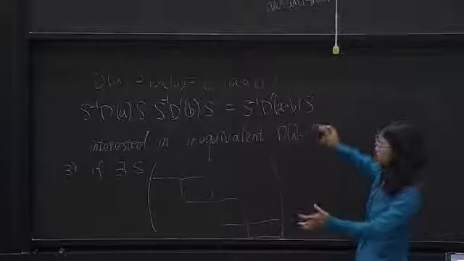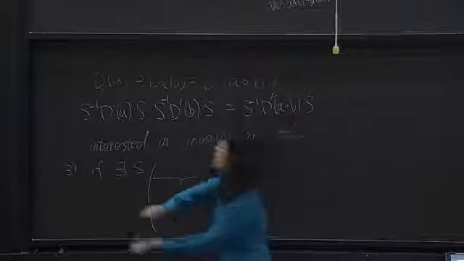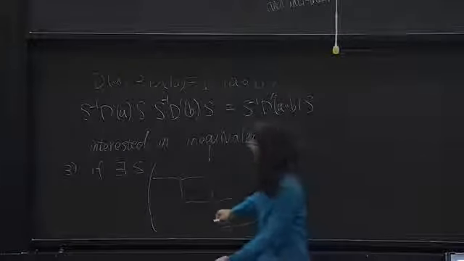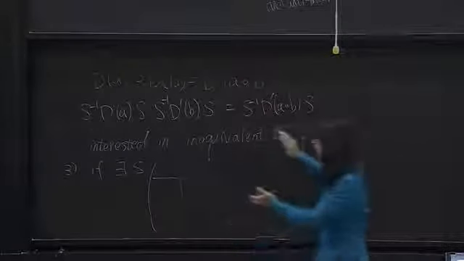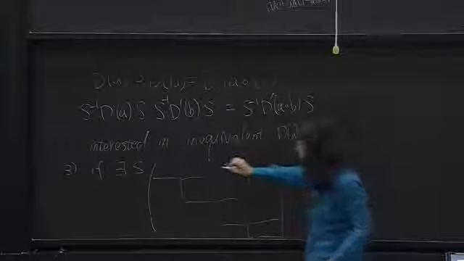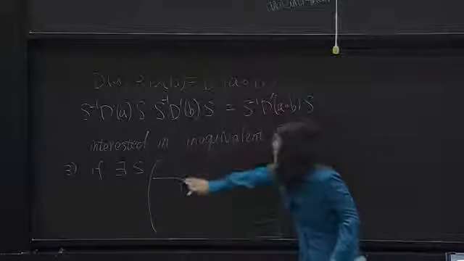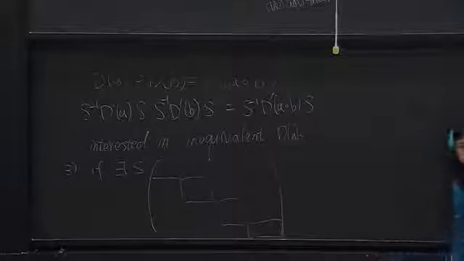You assign each group member a matrix, but sometimes you can use this similarity transformation to make them all look like this, and then it's 0 unless it's in these diagonal boxes.